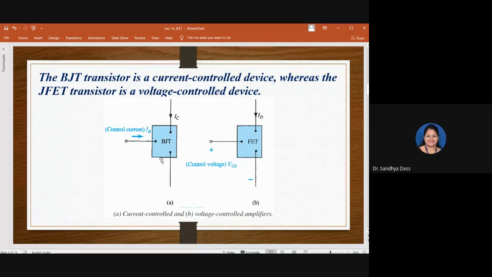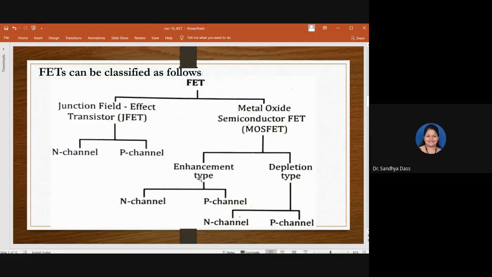BJT is mainly used for amplification. JFETs are not widely used for amplification applications. It is only used in situations where you need high input impedance. We will understand all these characteristics as we go on with the working of the device.